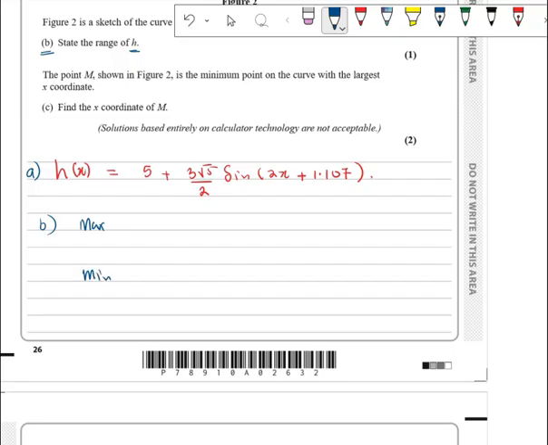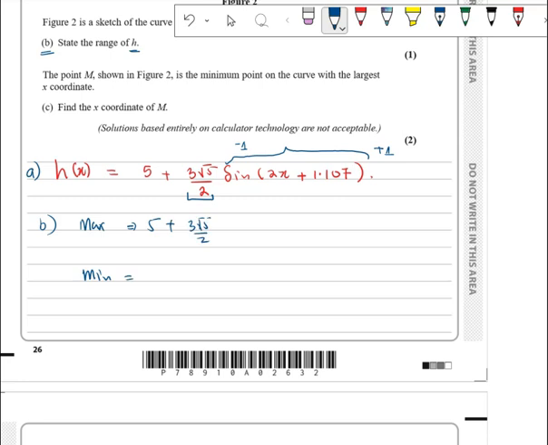Now, when you look at this equation, the minimum and maximum are going to be determined by this sine function. We know the sine function has a maximum of +1 and a minimum of negative what? -1. When this function is at maximum, we have the maximum value as 5 plus 1 multiplied by this number, so you have 5 plus 3 root 5 over 2.